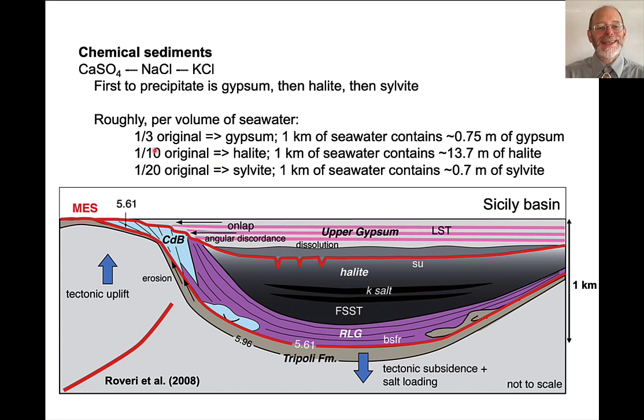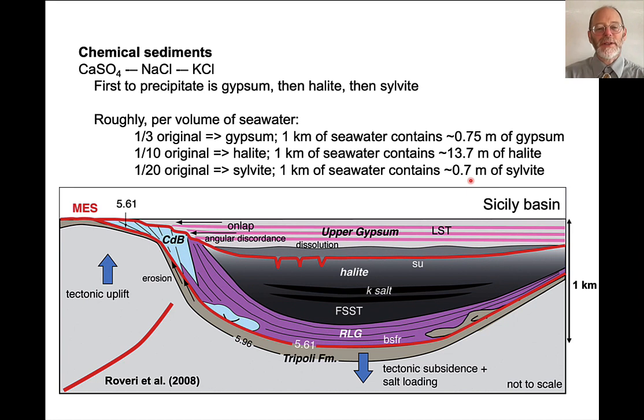Now, if we evaporate 90% of the seawater, at that point, halite begins to saturate. And if we evaporate a kilometer of seawater, we'd end up with almost 14 meters of halite. Whereas with sylvite, we have to evaporate a lot more seawater to hit saturation, about 95% of it. And if we evaporate a kilometer of seawater, it would have about 7/10 of a meter of sylvite.